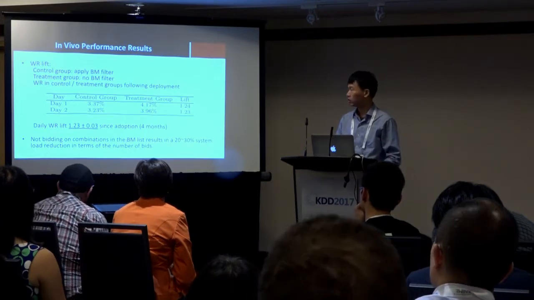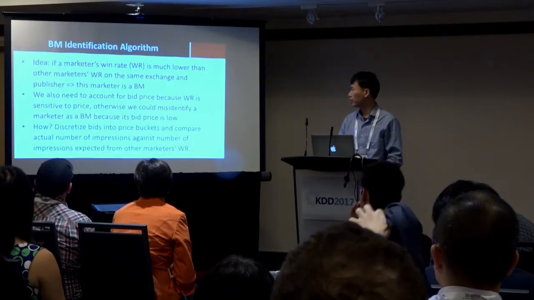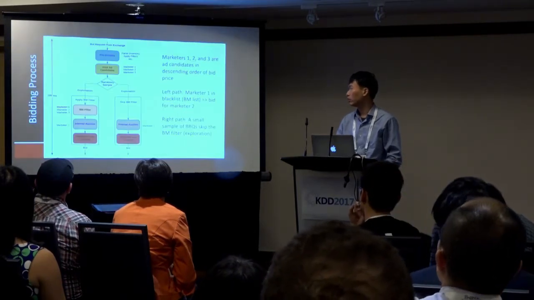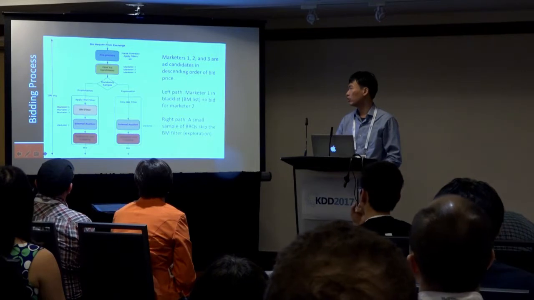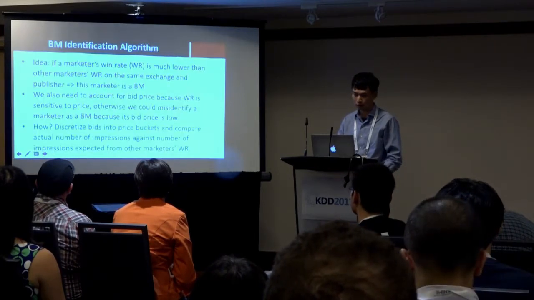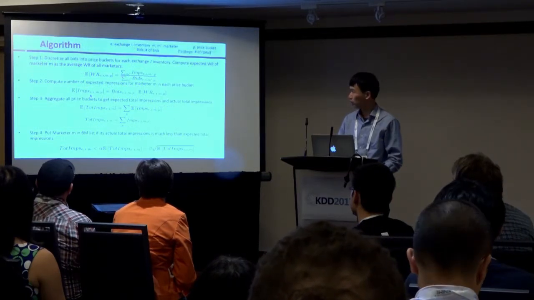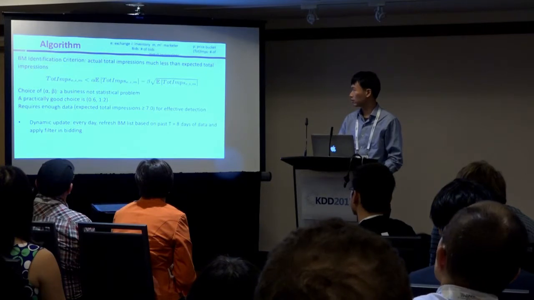So now we put this system in our bidder. As I said before in this slide, we have a control group where we don't apply the filter, and we have a treatment group where we apply the filter. All right, this is a little slow when I turn pages.